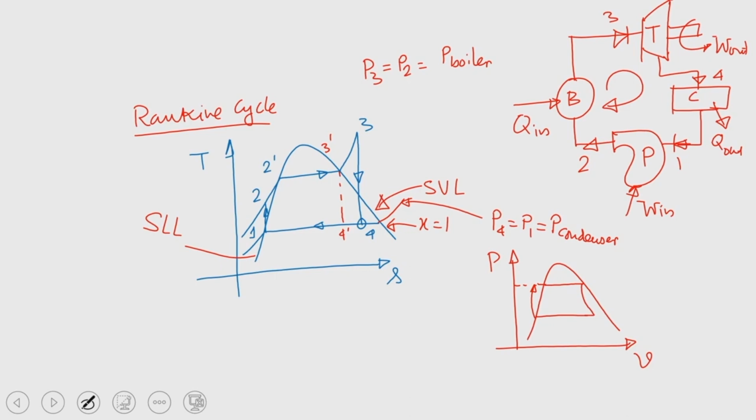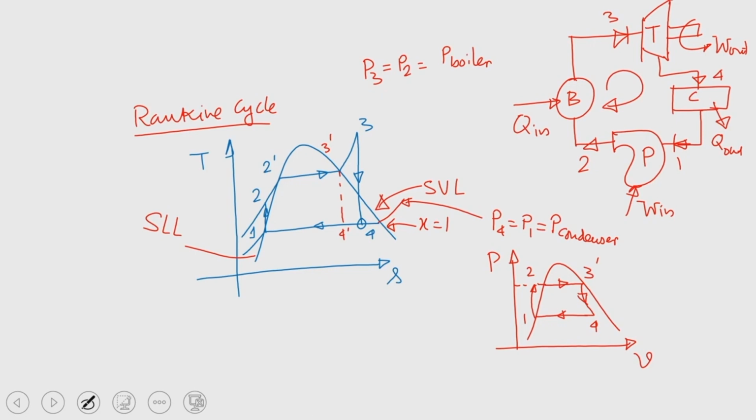So, this is state point 4, this is 3, 3 prime, this is 1, this is 2.